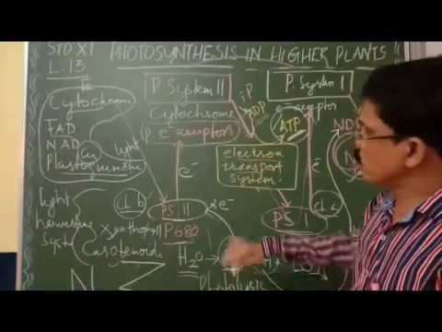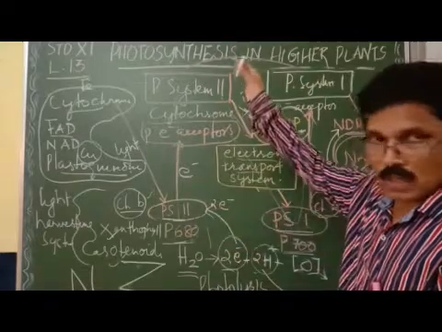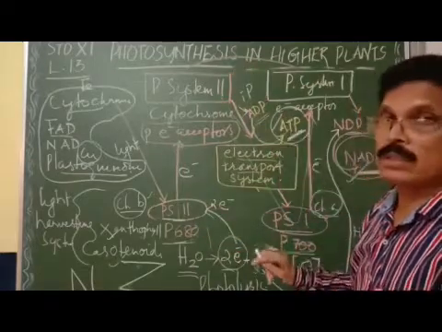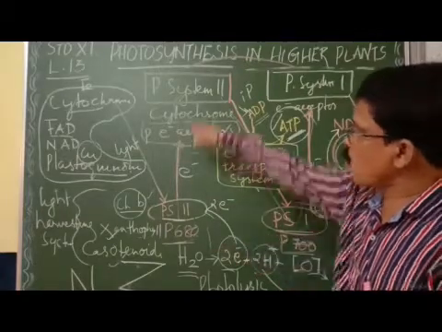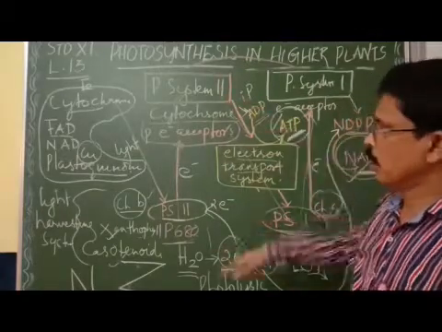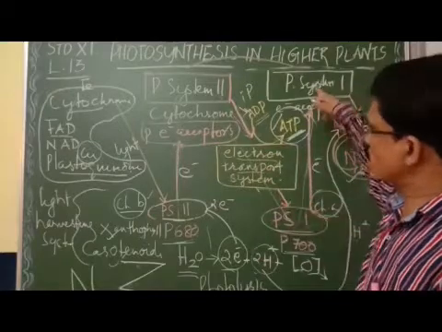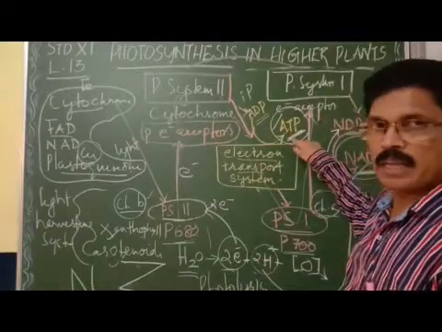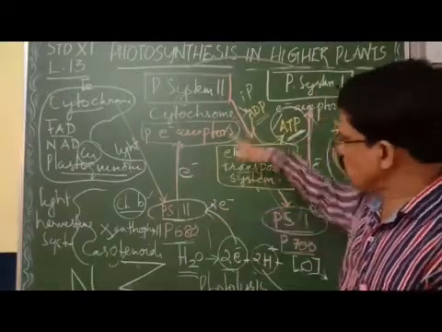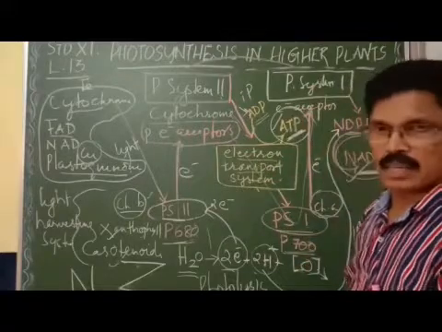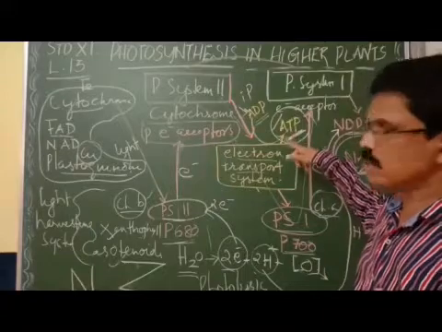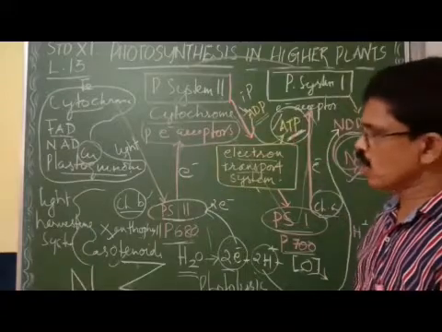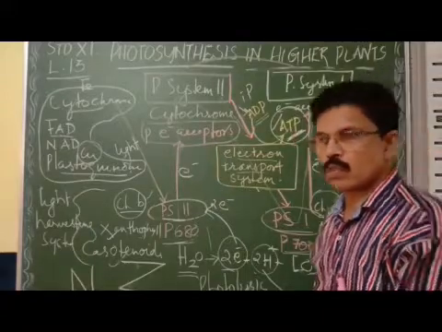Electrons move in a Z manner, light energy moves, electrons move, so it is said to be non-cyclic electron transport, and also ATP formation, non-cyclic photophosphorylation. During this non-cyclic electron transport, ATP is formed, so it is called non-cyclic photophosphorylation.